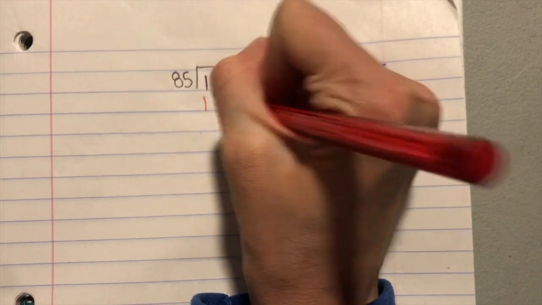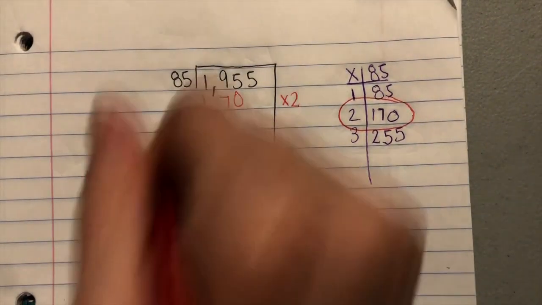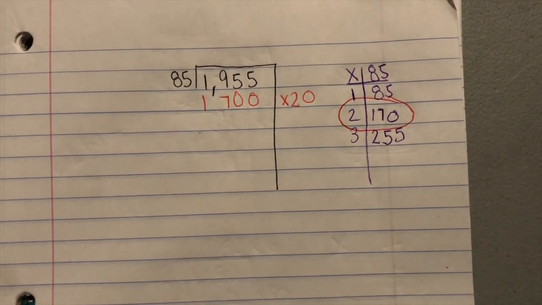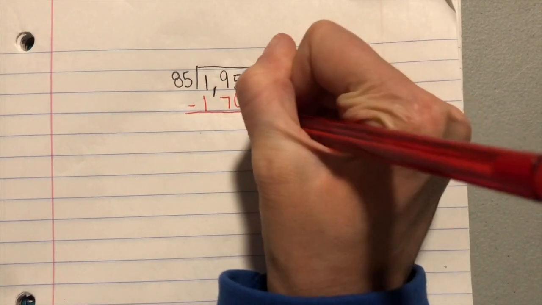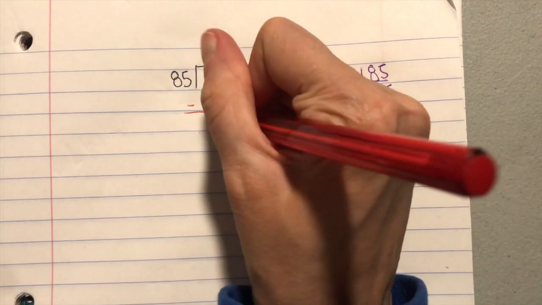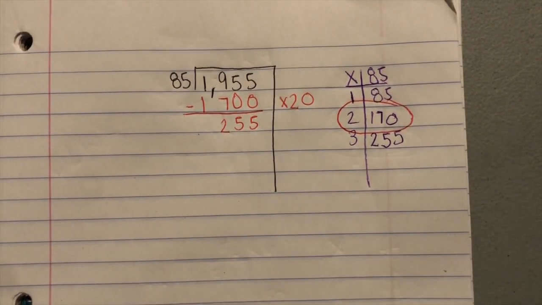because we have to add that 0. So that's 170. I need one more 0, and that will be times 20. Now I can subtract. And I have 5, 5, 2 left over.